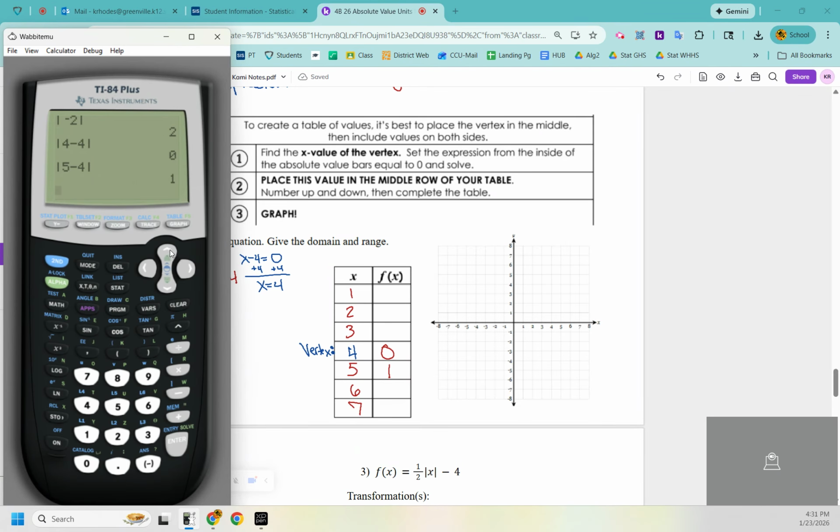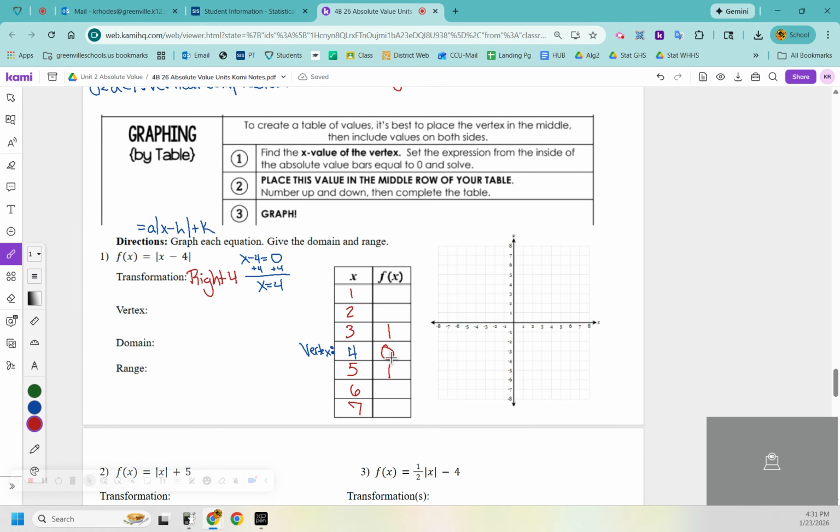If I plug in 3, I know I'm not going in any specific order yet, but you'll see why. 3 minus 4 is negative 1, and the absolute value of negative 1 is positive 1. So I'm at (4, 0), (5, 1), (3, 1).